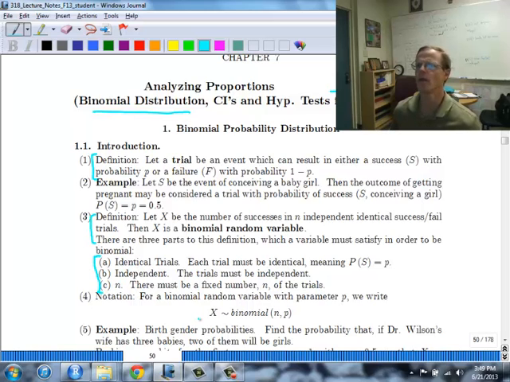Now, for notation, I'm going to use this. X follows a binomial probability distribution with parameters n and p.